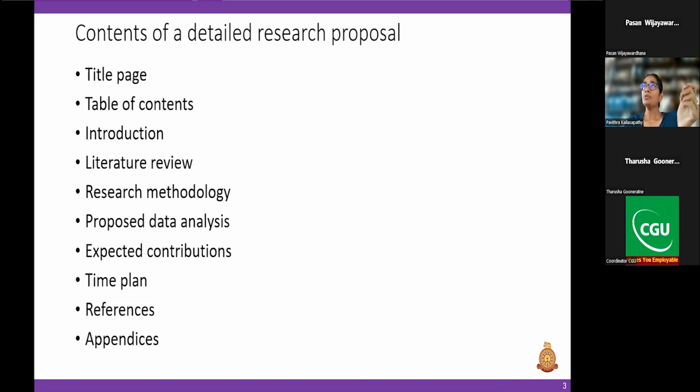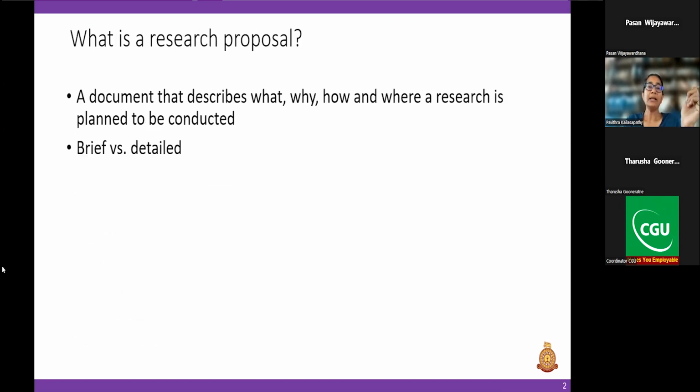Whereas when you are applying for a PhD, it does not need to be such a detailed proposal. So we go back to this part. The detailed one is where you submit it as a requirement for the faculty to approve you proceeding with your data collection. But when you are applying for your PhD, it would be the brief proposal.